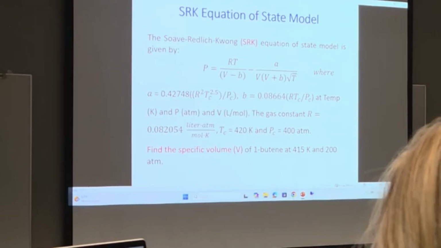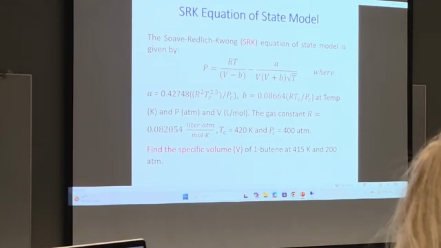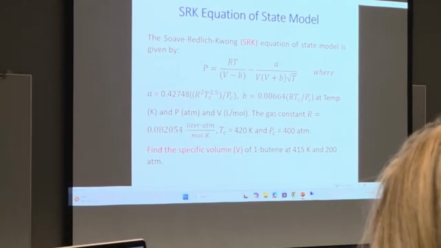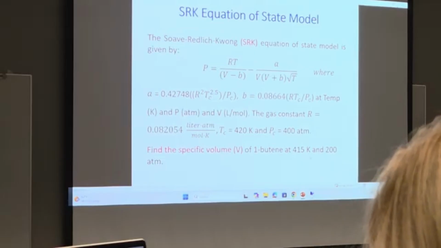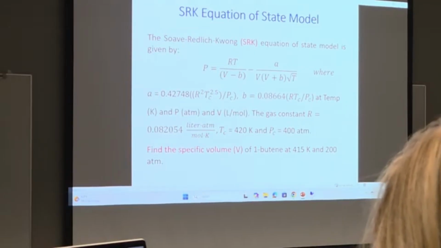The gas constant is given, critical temperature and critical pressure are given. Now, by using the SRK equation, find the specific volume of one routine at 415 K and 208 atm.